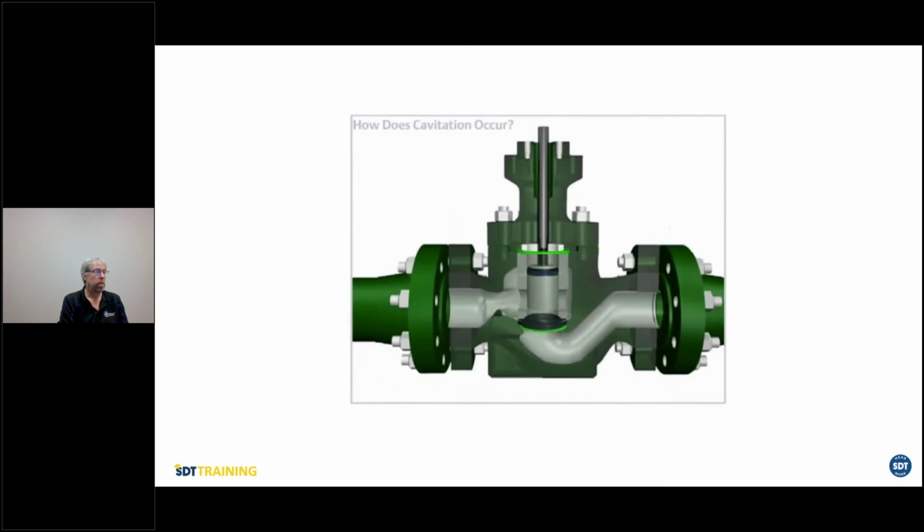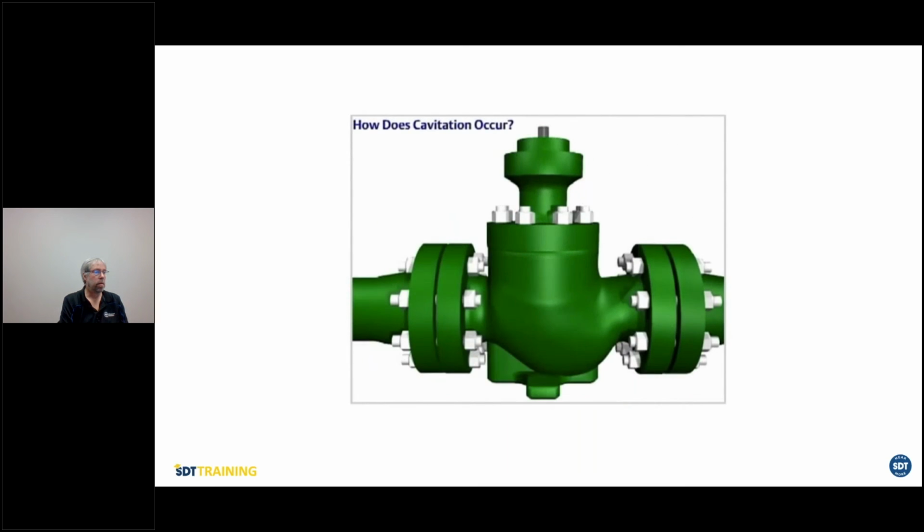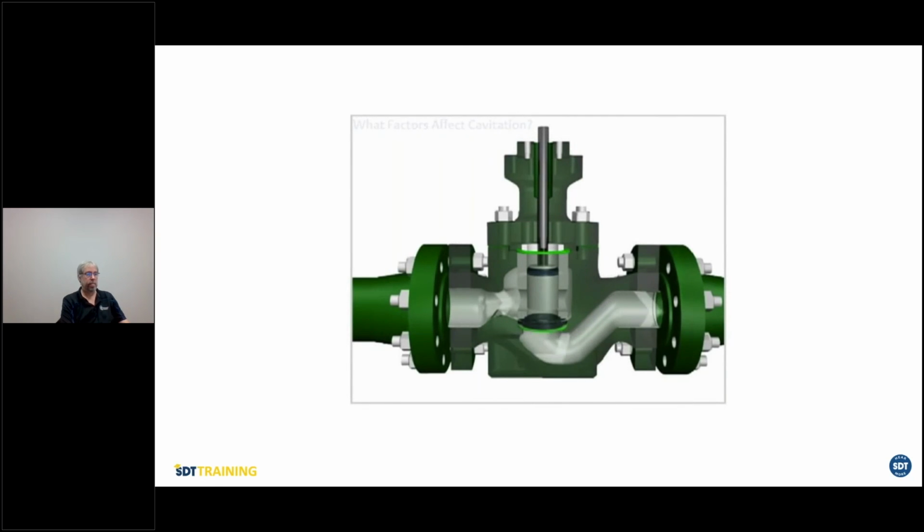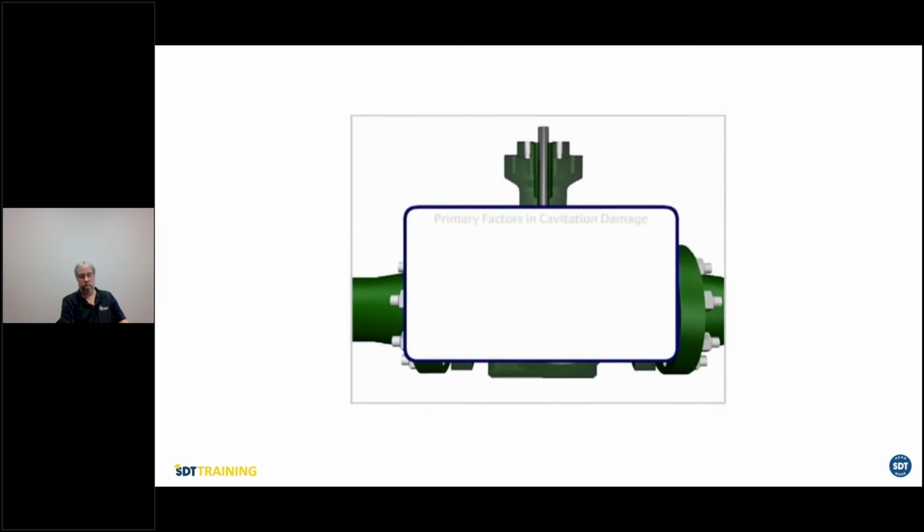Cavitation can also cause unacceptable noise and vibration that reduce efficiency or lead to loss of process control. Even though cavitation occurs, it doesn't always cause damage. The extent of cavitation damage is affected by the following factors: the intensity of the cavitation.